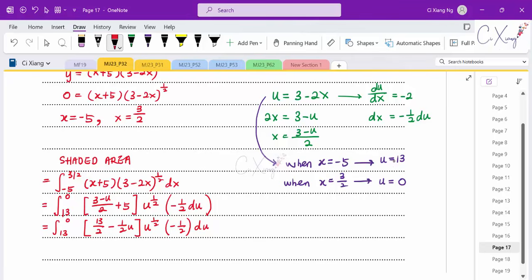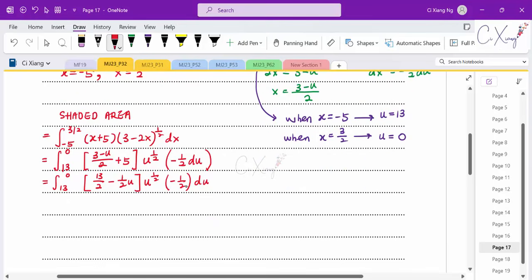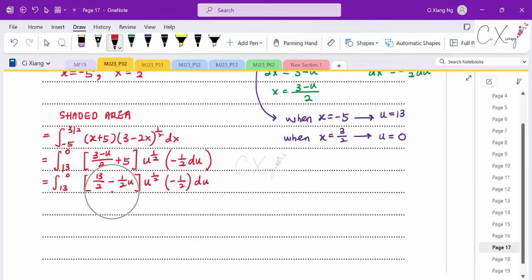I can see that -1/2 is a constant, so to make my steps look less complicated, I prefer to factorize it out. The same happens for the half inside the bracket. If I factorize out the -1/2 and the 1/2, I have -1 over 4 in front.